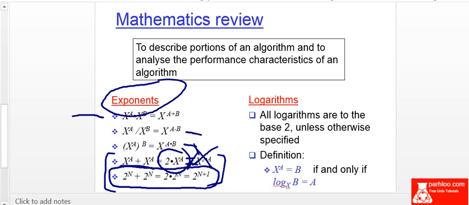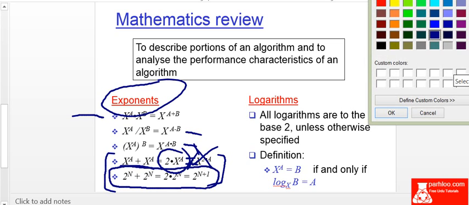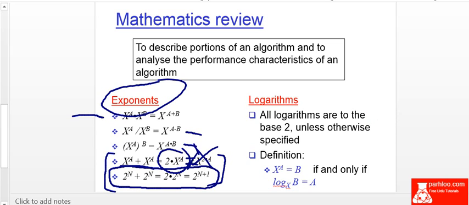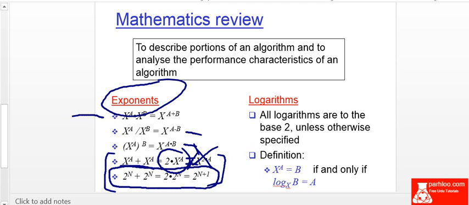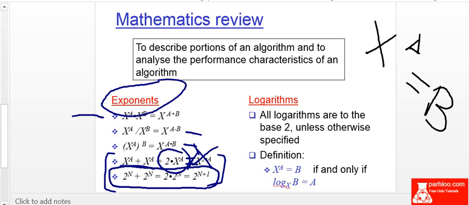For example, we have a situation like this. X raised to the power a is equal to b. Now, you have to somehow mathematically approach a. A is the point of interest. What will you do?